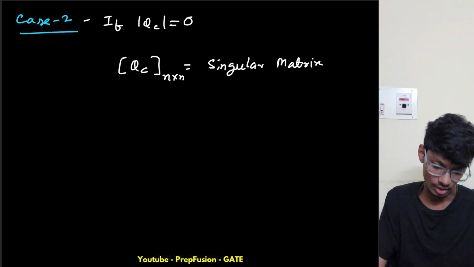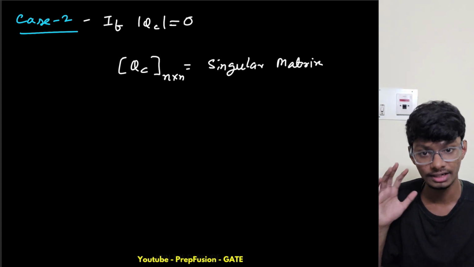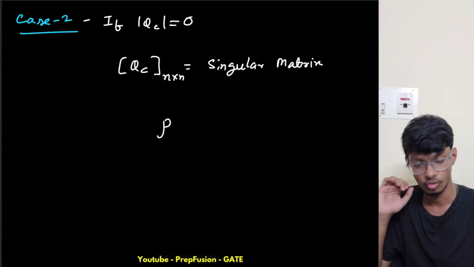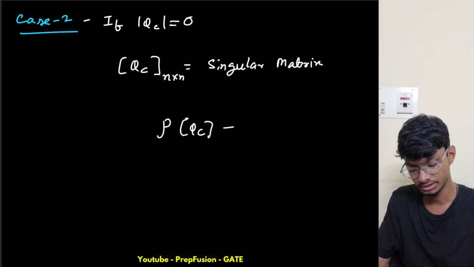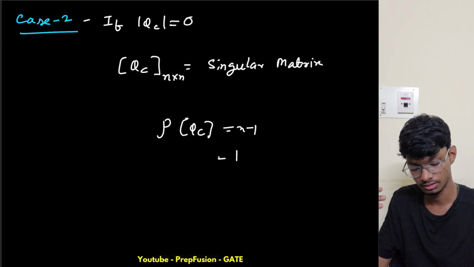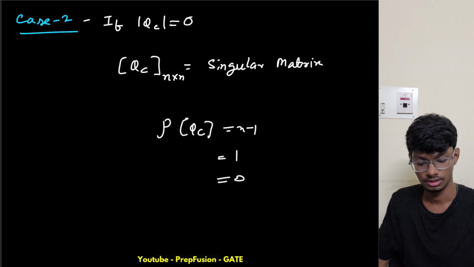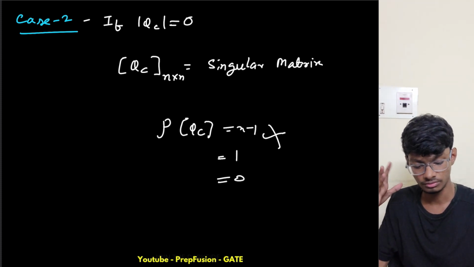Now what will be my rank? Obviously it will not be n. Will my rank be n minus 1, or 1, or 0? If you said this one, you're wrong. If you said this one also, you're wrong. If you said this one also, you're wrong.